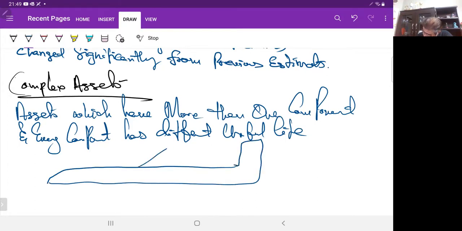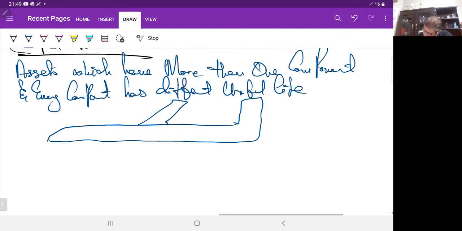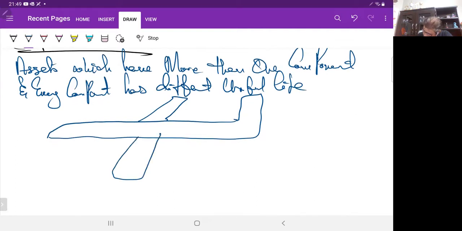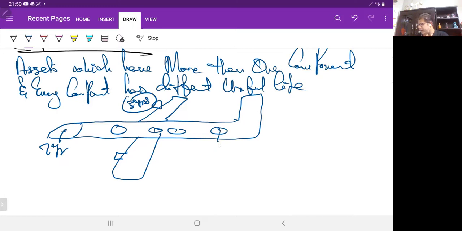Sorry, my drawing is not too cool. The cockpit has a life of 7 years. The engines have a life of 3 years. The interior has a life of 2 years.